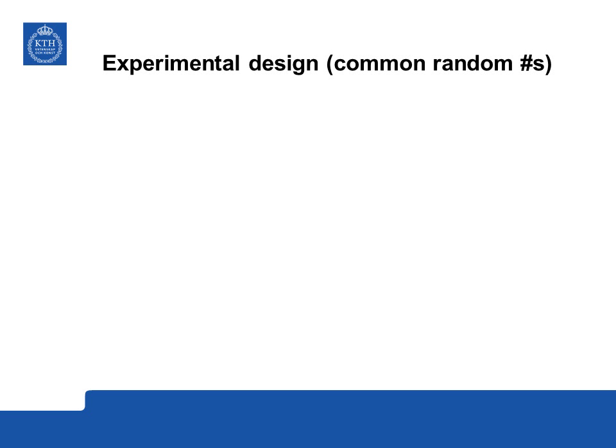Finally, we're going to look at the technique which one can call experimental design or common random numbers. This technique is particularly useful if you want to compare the performance of, let's say, 2 systems which are fed with the same type of input stimuli.